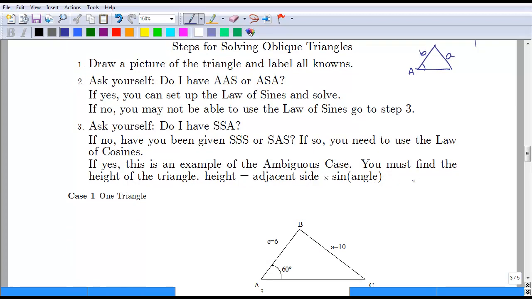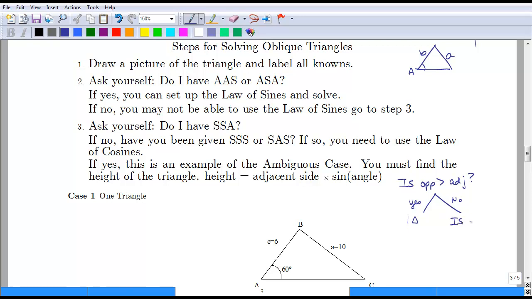Once we calculate h, we look at our opposite side and ask ourselves: is the opposite side greater than the adjacent side that is given? That's the first question. If the answer is yes, then we have one triangle. If the answer is no, then we need to ask a second question.